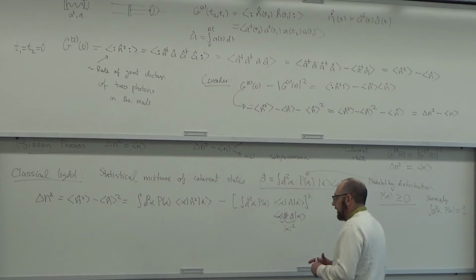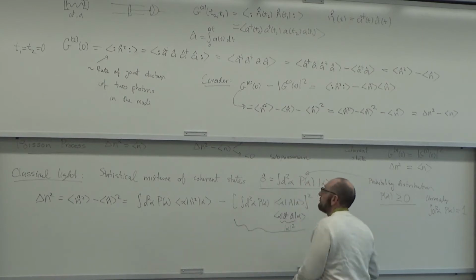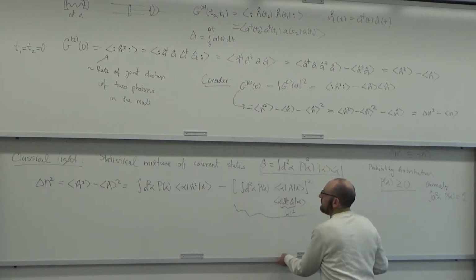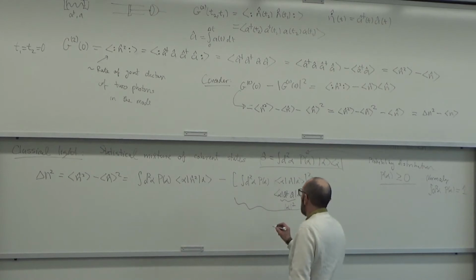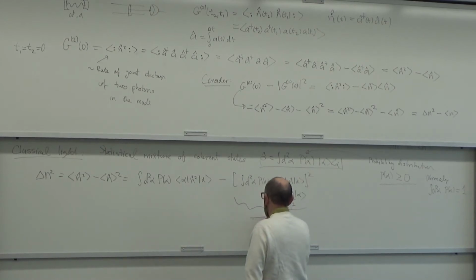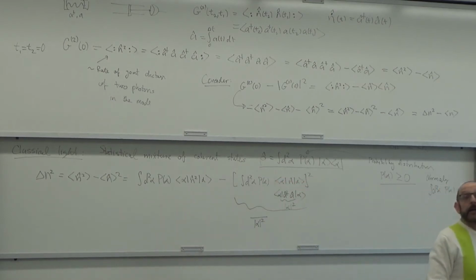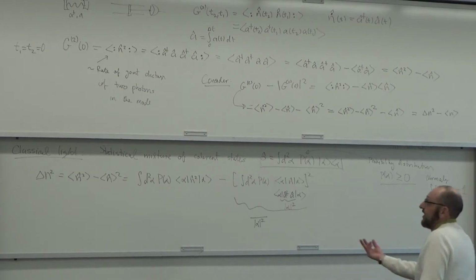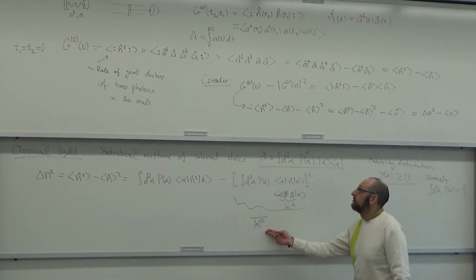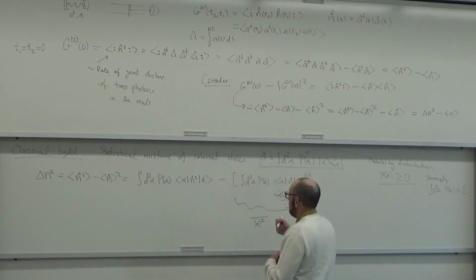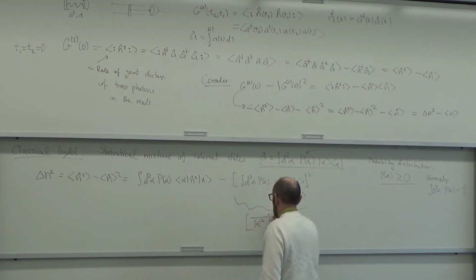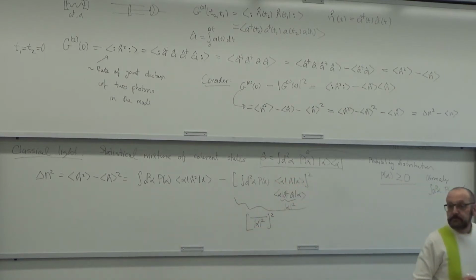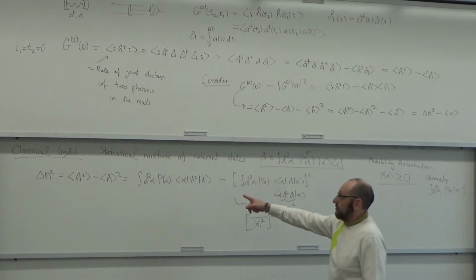And so this whole object over here is equal to the statistical average over the stochastic amplitudes of the intensity, and then I square it. What about this?